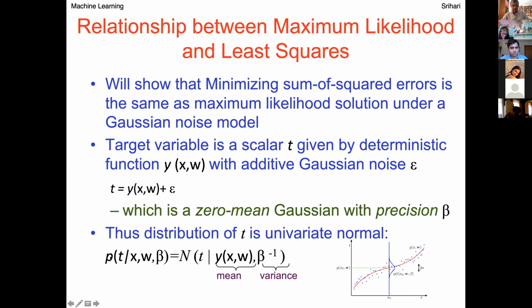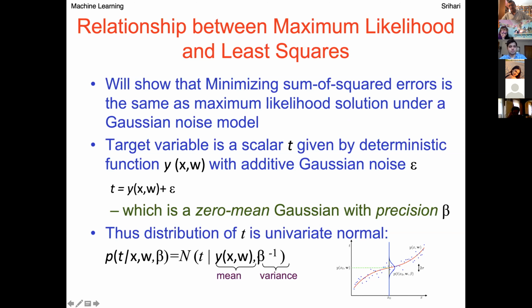So we say that the output has a probability distribution. T has a probability distribution whose parameters are x, w, and beta. And specifically, it's a normal distribution of t whose mean is y of x comma w, whose variance is beta to the minus 1.